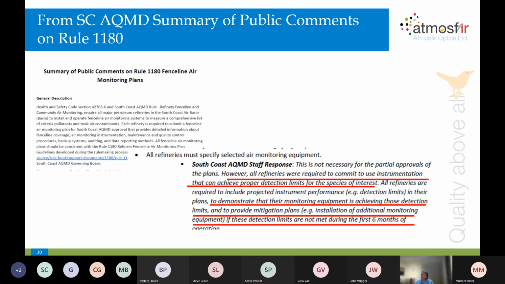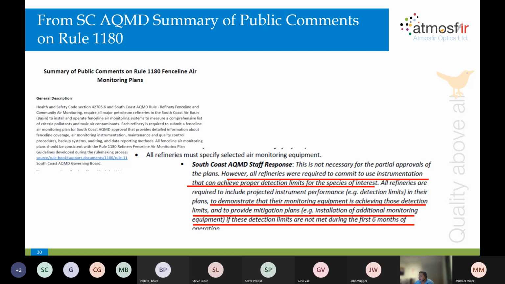It is also important that you choose good instrumentation that stays below the detection limit, because in the answer to the public comments by South Coast, they said that if you fail to measure below the threshold, then you need to say how you can improve, and if needed, you should change the instrumentation.